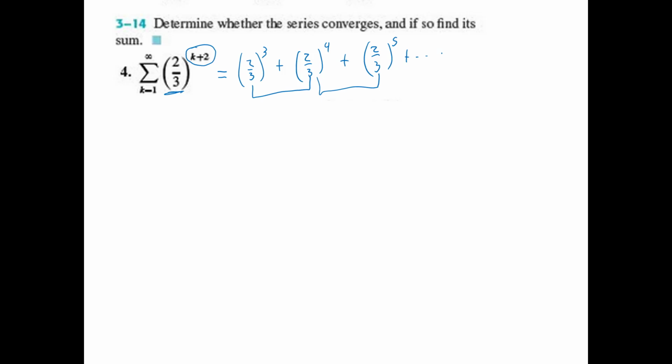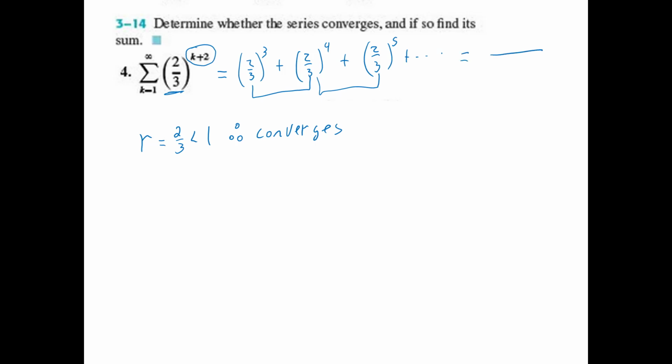And when it's geometric, you look at your common ratio. What number are you multiplying by to get from one term to the next is 2/3. And 2/3 is less than 1. Therefore it converges. And not only do we know that it converges, we know what it converges to.